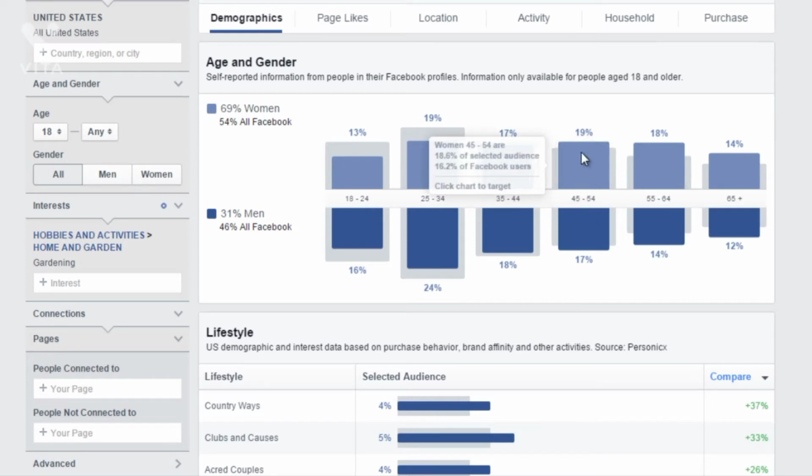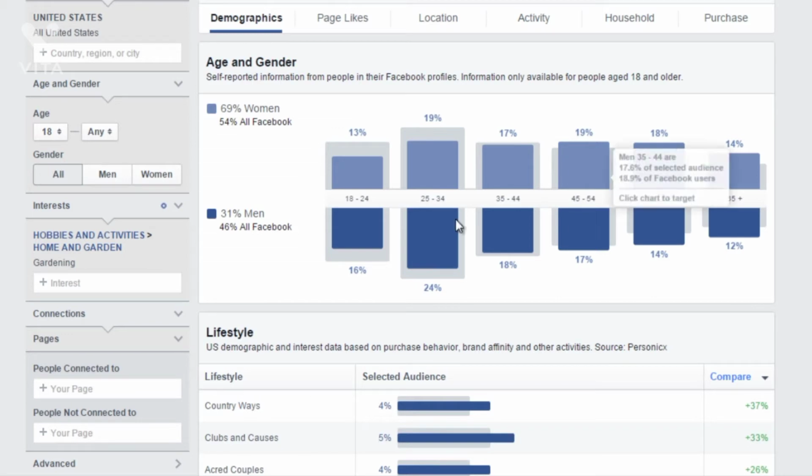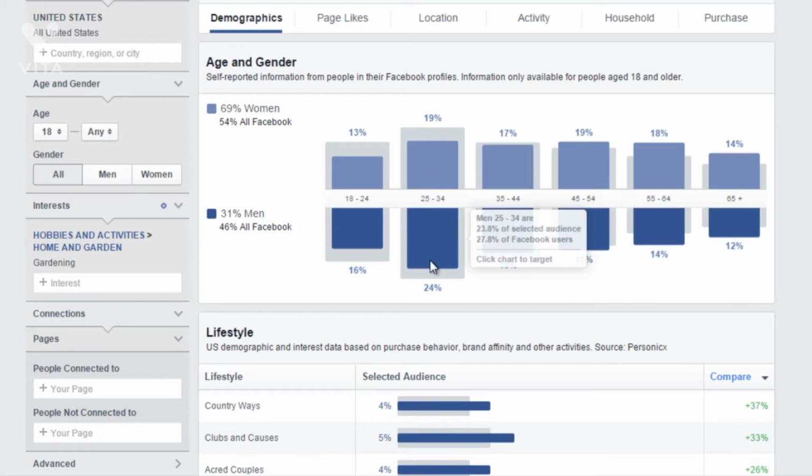So they could be almost retirement age kind of deal. So that's why I'm kind of painting a picture here. We can see that men as well, the same age, the majority of men that are interested in gardening are about 25 to 34, which is interesting. And then it kind of breaks off from there.